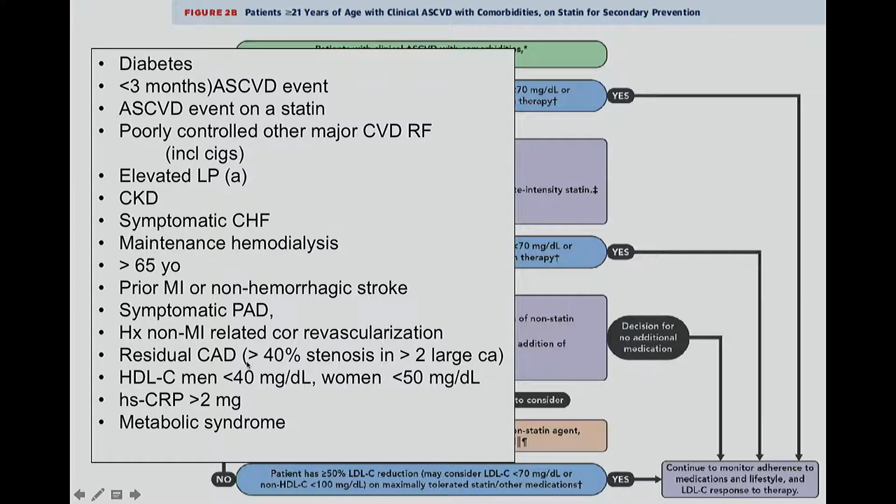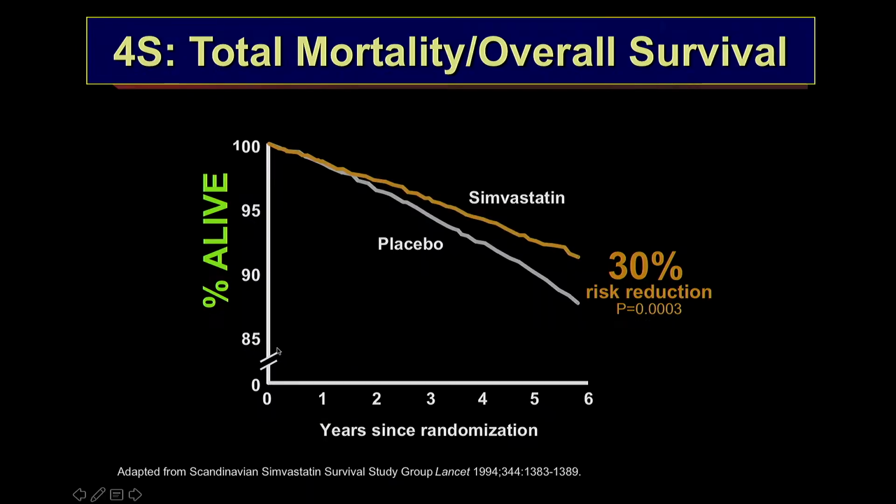And there's a list of scenarios in which that might be considered, some of which are laid out here. Not all of these are recognized by payers, but can be relevant for clinicians thinking about who's at high enough risk where I might say I need to move on to adding these other therapies. And I think we'll continue to see this and should be updated in the next iteration of the guidelines.